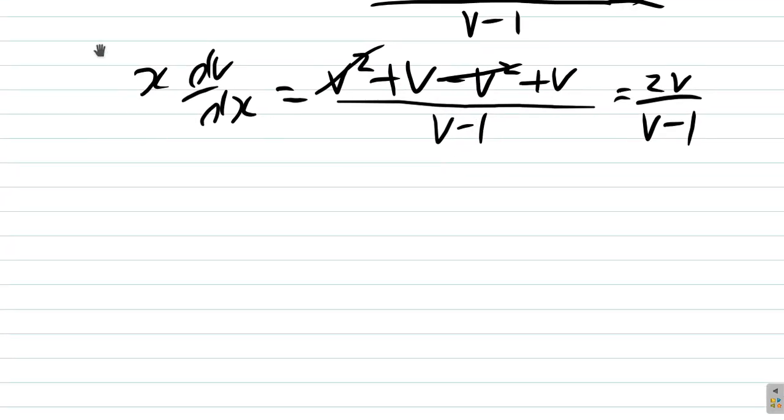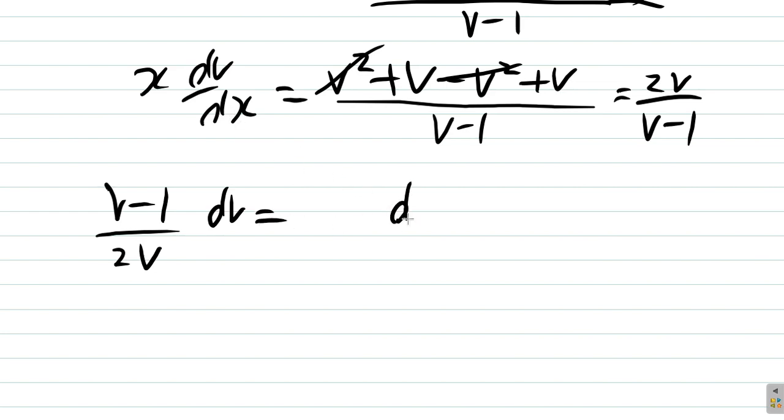Alright? So here, we want a function of V dV on the left equals a function of x dx on the right. Let's multiply by V minus 1 and divide by 2V dV equal, let's multiply both sides by dx and divide by x. So that's what we have.